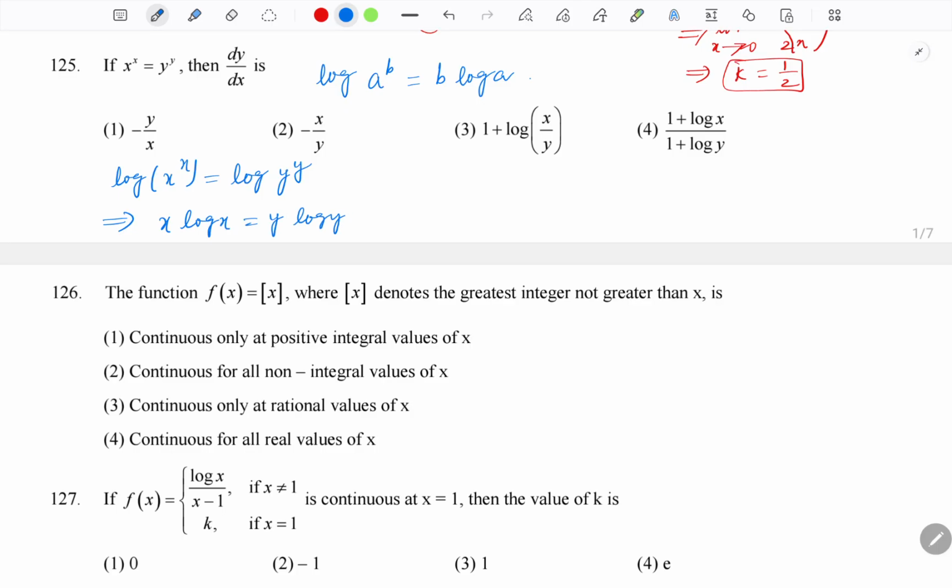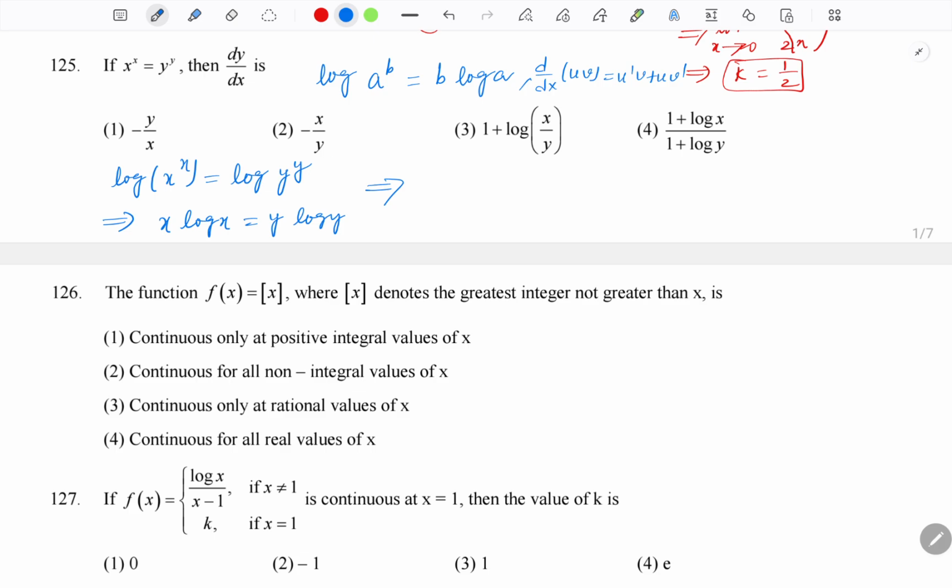Now differentiating with respect to x on both sides, then we will see what we get. It's a product of two functions, right? It's a u, it's a v. Then do the derivative. What is the derivative of a product of two functions? Here I will write d by dx of uv equals u dash v plus u v dash.